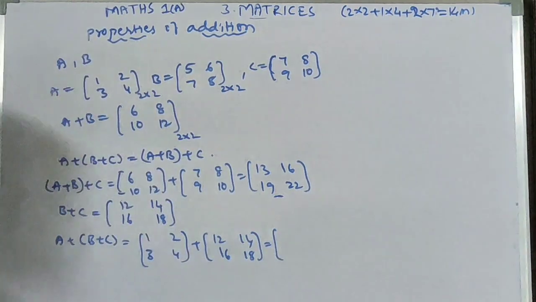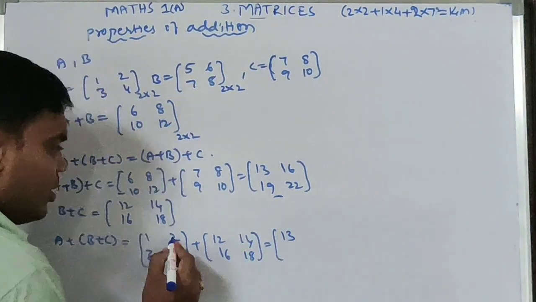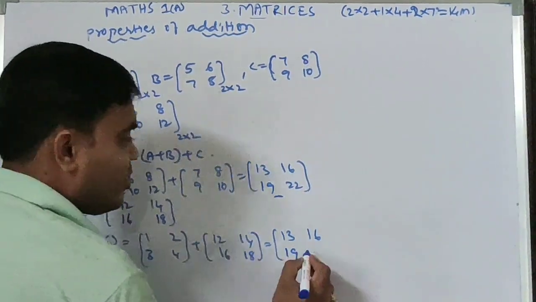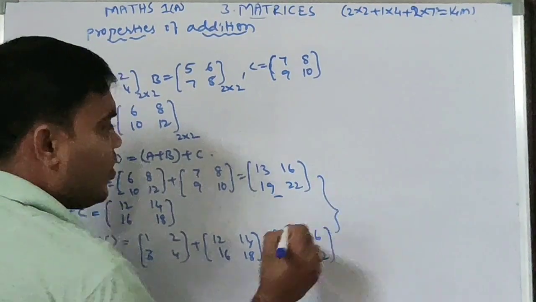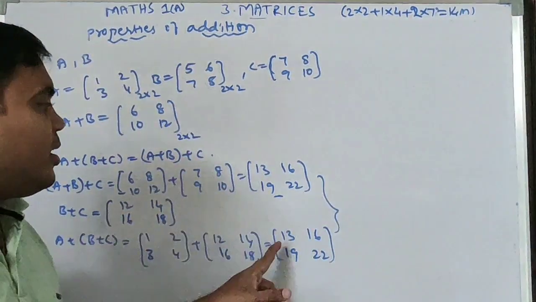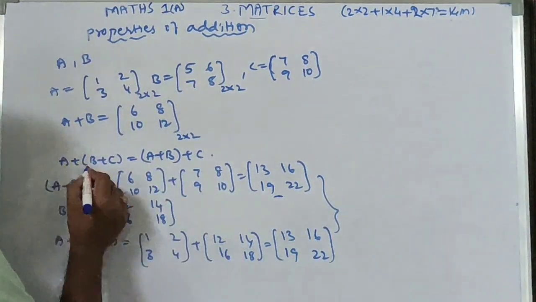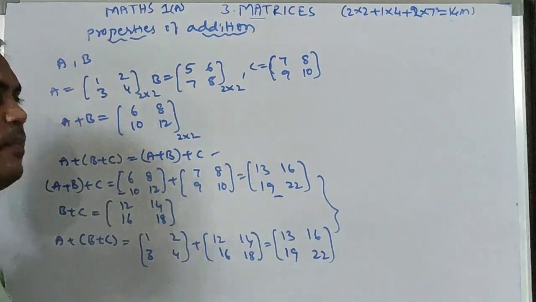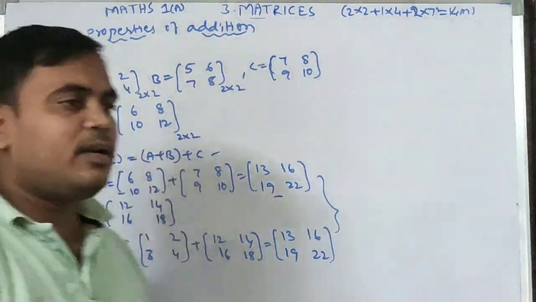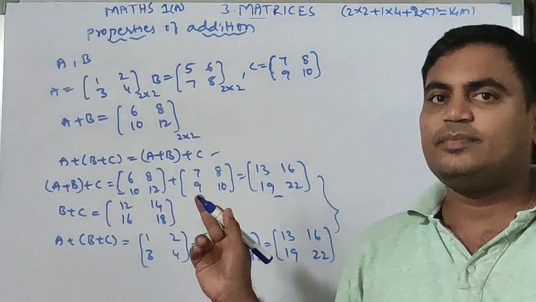Adding the corresponding elements: 1 plus 12 is 13, 2 plus 14 is 16, 3 plus 16 is 19, 4 plus 18 is 22. Observing these two matrices, they are equal: 13, 13, 16, 16, 19, 19, 22, 22. So A plus (B plus C) equals (A plus B) plus C. This is the associative property. With respect to addition, the associative property is satisfied.